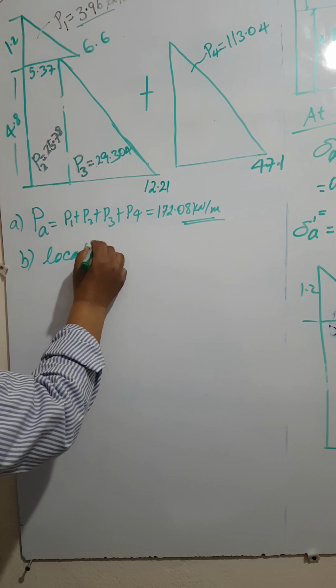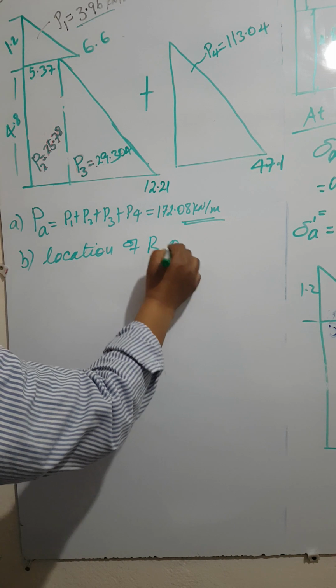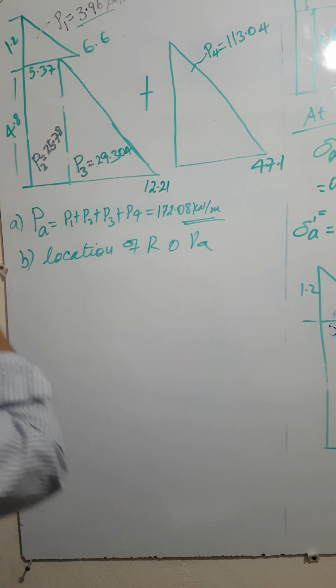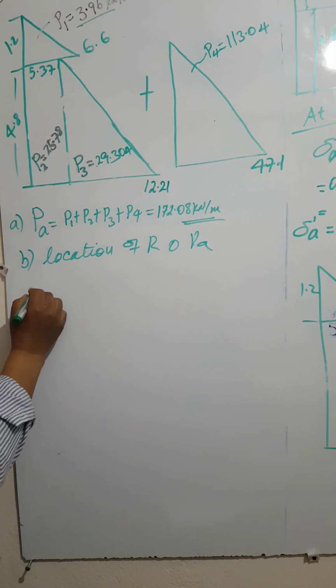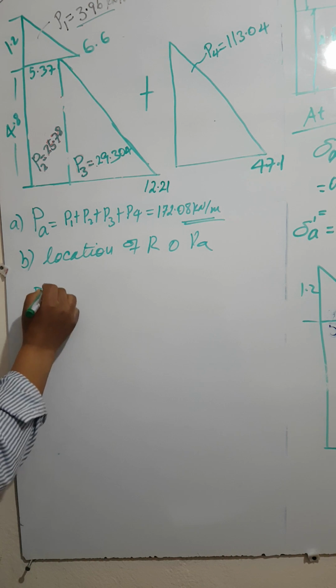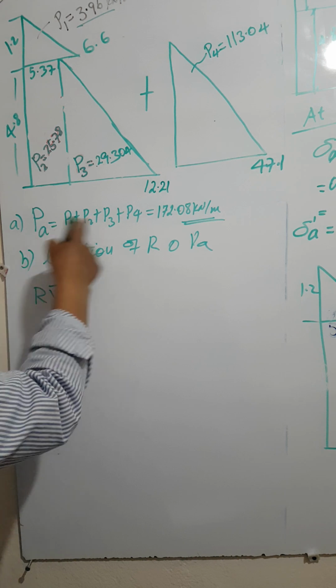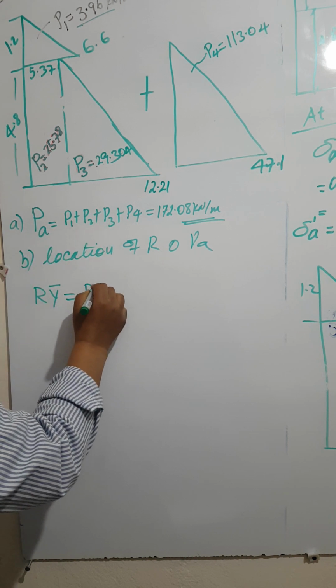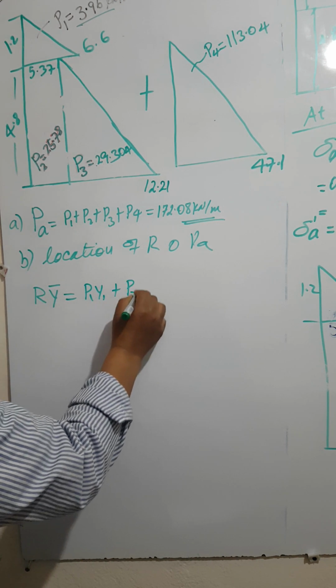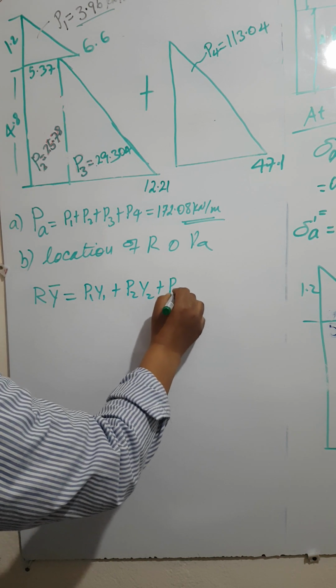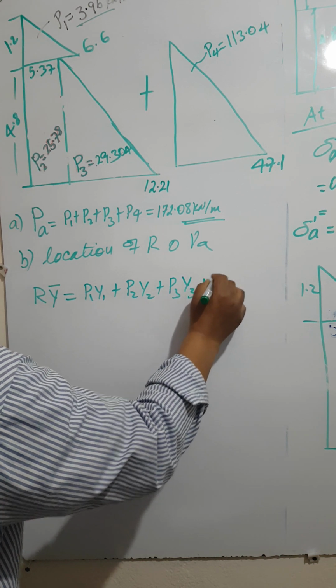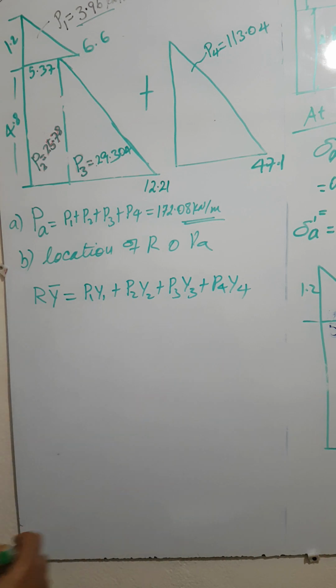To find the location of R or PA, the resultant multiplied by its location equals the sum of the four forces times their locations: P1 times Y1 plus P2 times Y2 plus P3 times Y3 plus P4 times Y4.